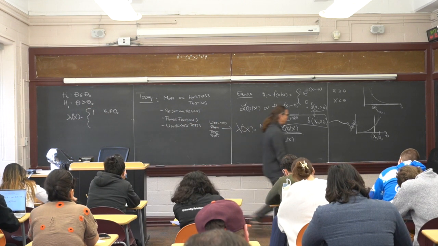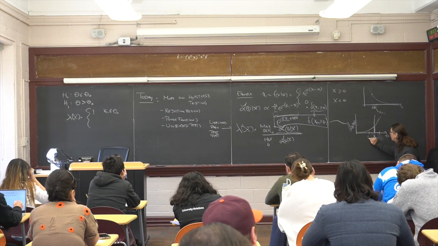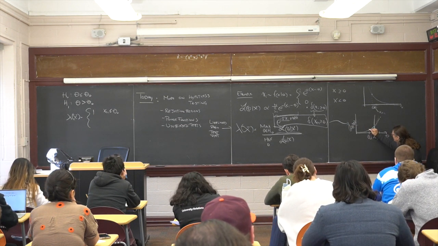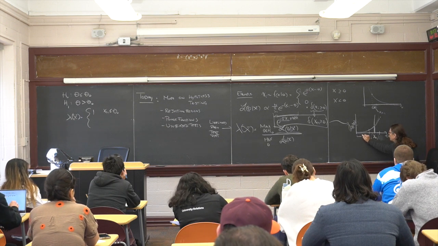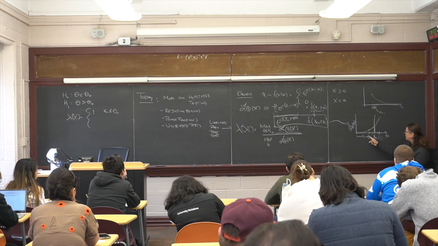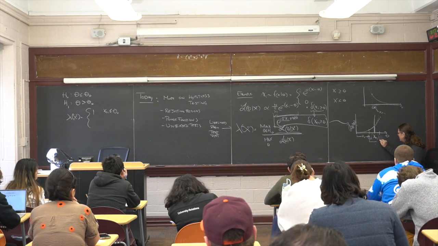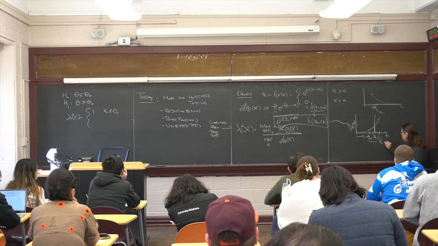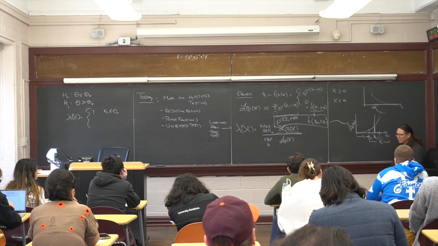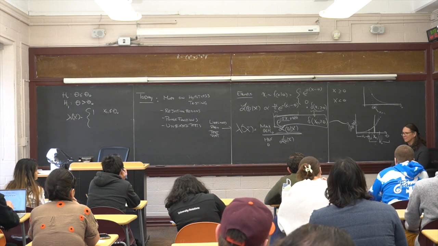If theta naught was over here, on the left-hand side of x1, then the maximum in the null space, so this would be our null space right here, all the way up to that point. So this is our null space, and this is our alternative space. I'll call it HA. A lot of times I use alpha, sometimes I use H1, I mean the exact same thing.